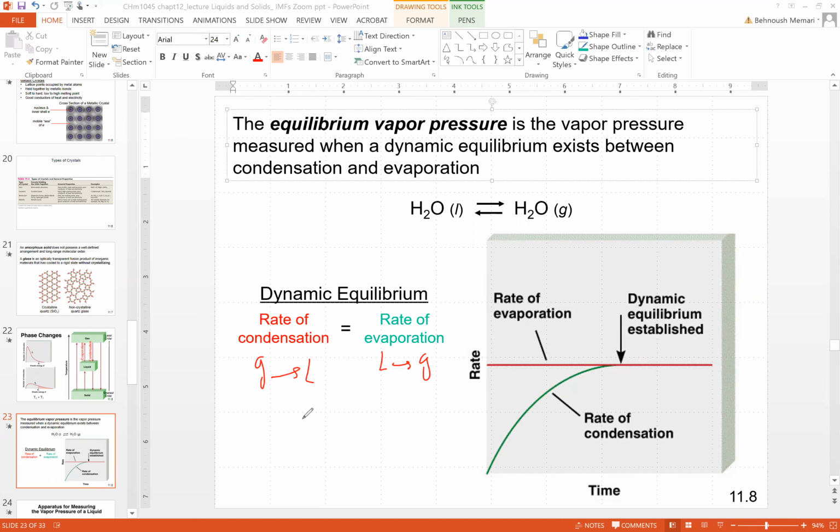So if changing gas to liquid and liquid to gas happens at the same time with the same rate, we know that we have dynamic equilibrium. The equilibrium between the phase changes is a dynamic equilibrium. Okay, if the rate of evaporation and the rate of condensation are the same, then we know that equilibrium has been established.